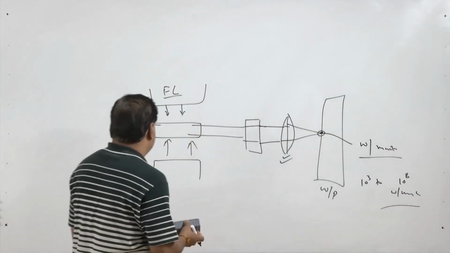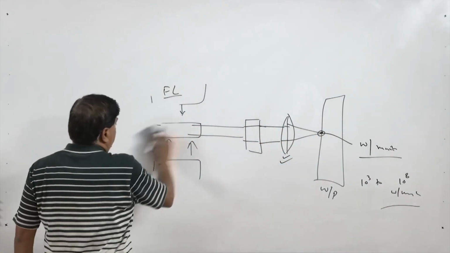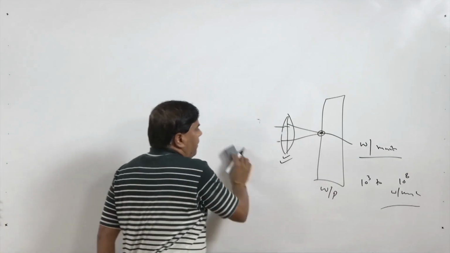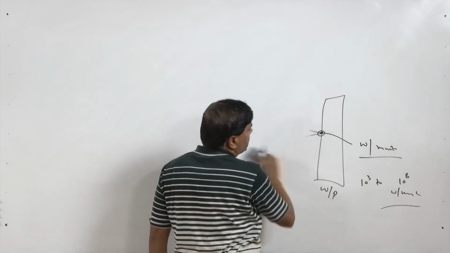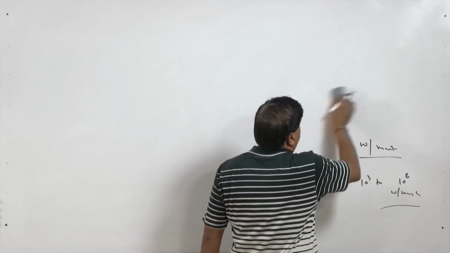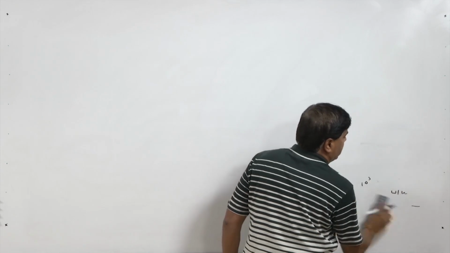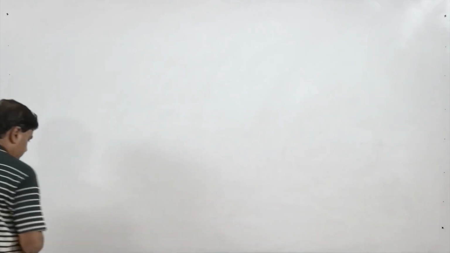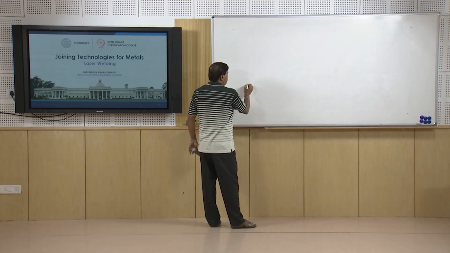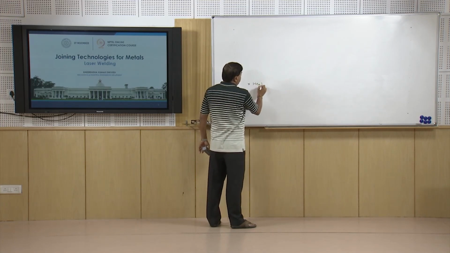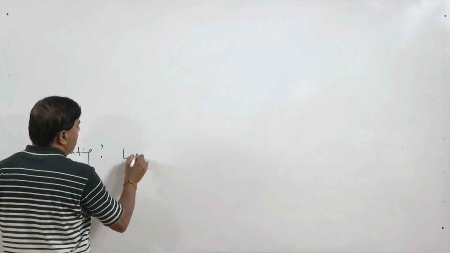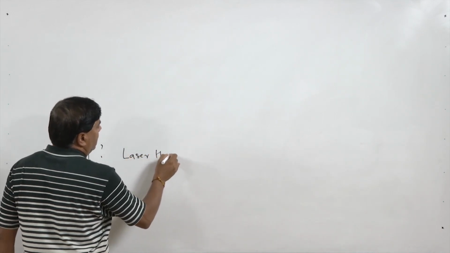So, there is a lot of flexibility to achieve a very wide range of power density, and this feature is exploited for various purposes in processing of the material. By regulating the energy density we can use it for heating, which is used for laser hardening.